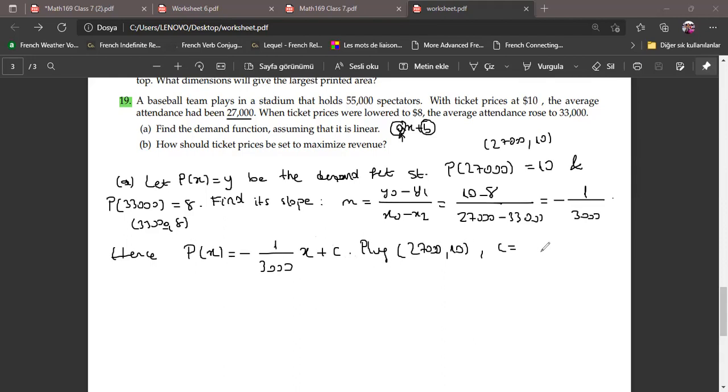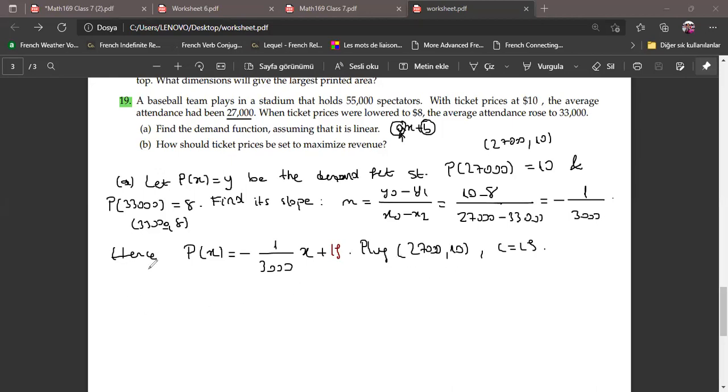So what do we have? C is 19 then. Therefore, P of X is this function now. So let me just write here. It's 19.